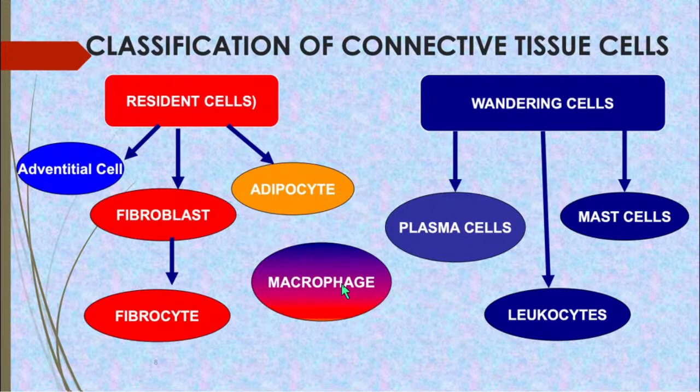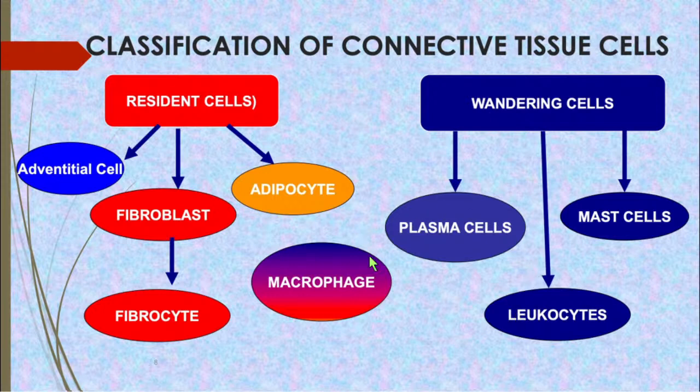Macrophage can be resident, or it can be a wandering cell. I was telling you about it a minute ago. For example, leukocytes are wandering cells. They arise from blood, migrate from blood into the connective tissue, and can go back from the connective tissue to blood again. Sometimes this happens, but more seldom.